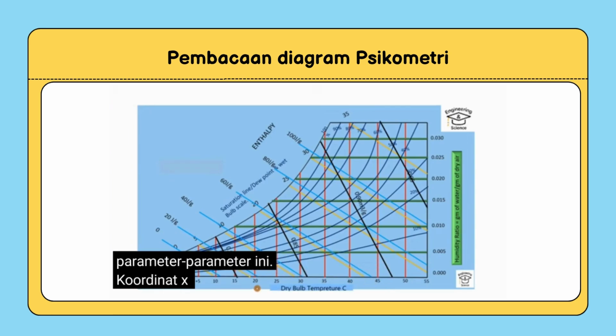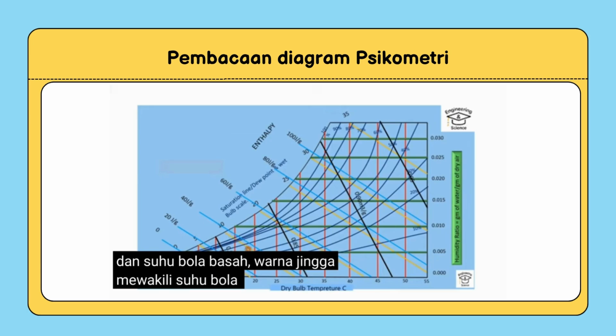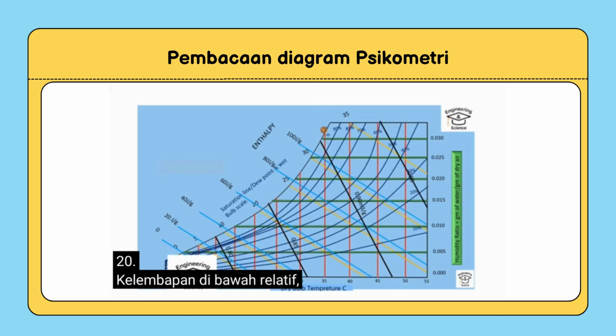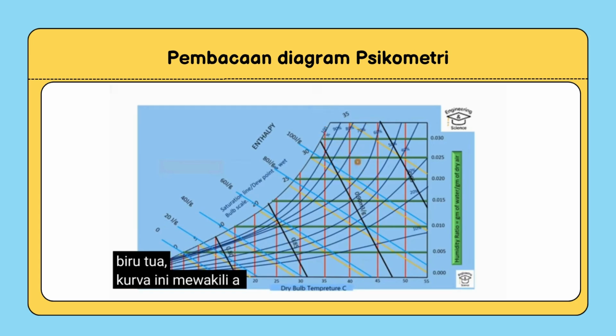The x-coordinate represents dry bulb temperature, and the orange lines represent wet bulb temperature: 0, 5, 10, 20. The dark blue curves represent relative humidity.